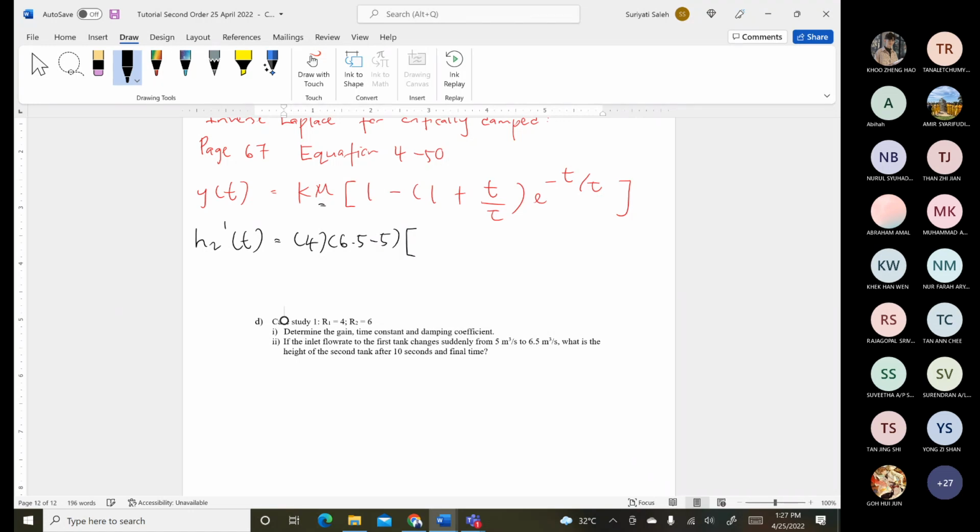Then 1 minus (1 plus t over tau) times exponent negative t over tau, where tau is equal to 2, so exponent negative t over 2. So this is the substitution of variables inside the inverse Laplace equation for critically damped second order.